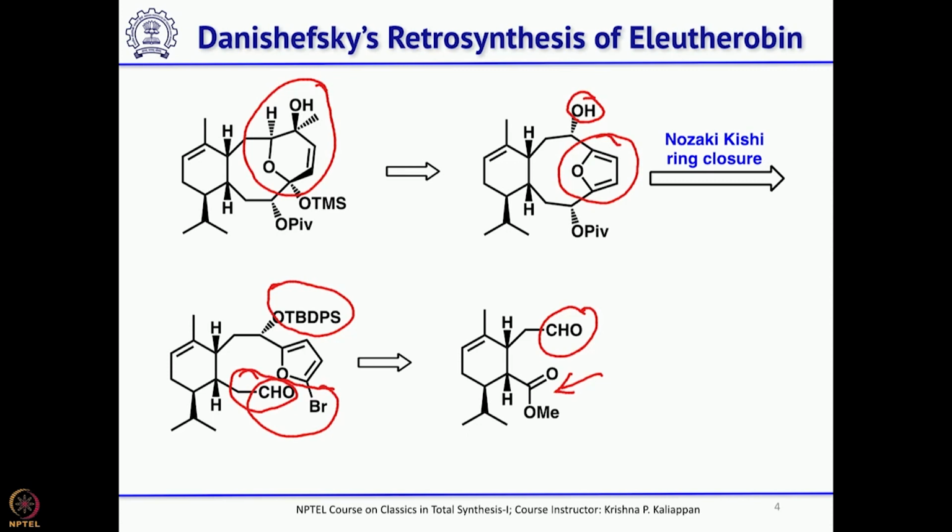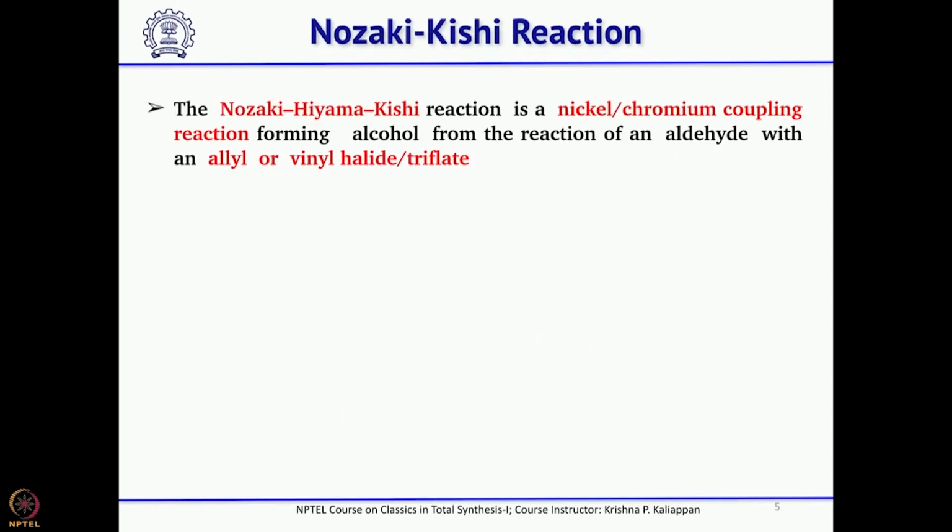Now these two substituents on this 6-membered ring can be easily introduced from phellandrene, a commercially available monoterpene, using a photochemical reaction as the key reaction.